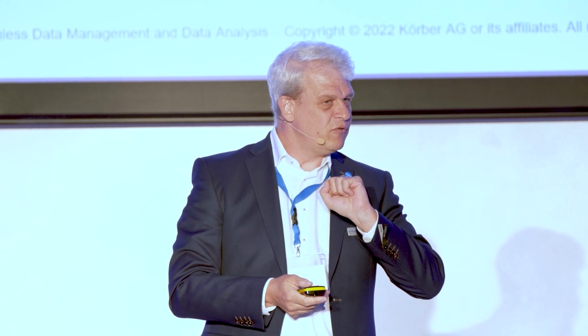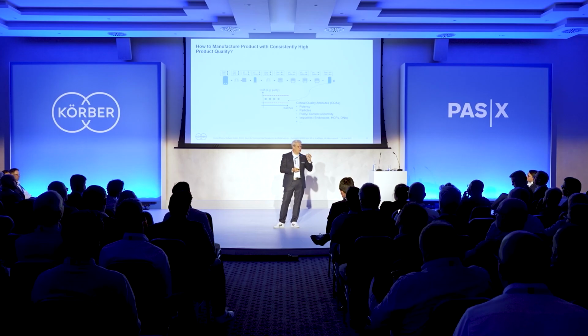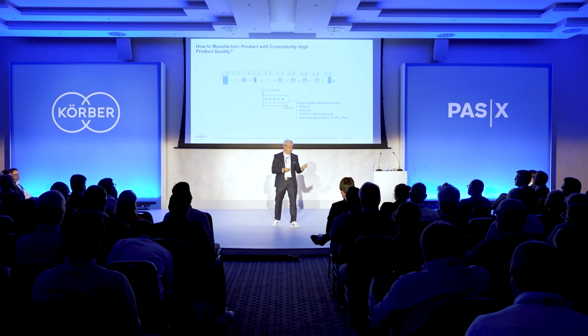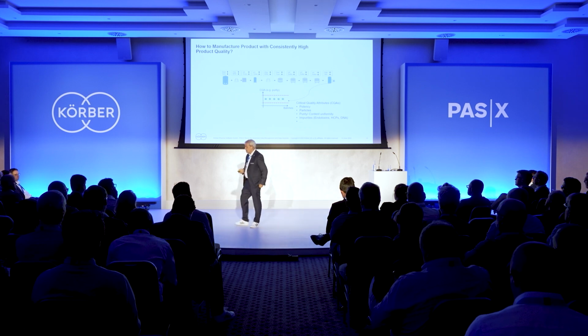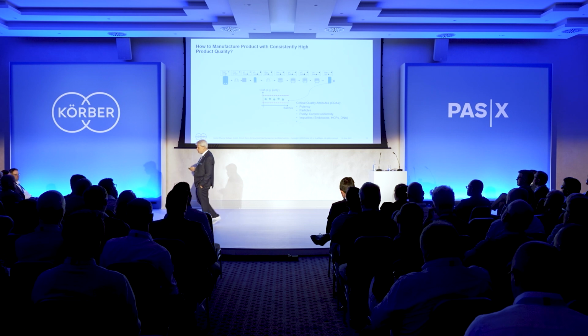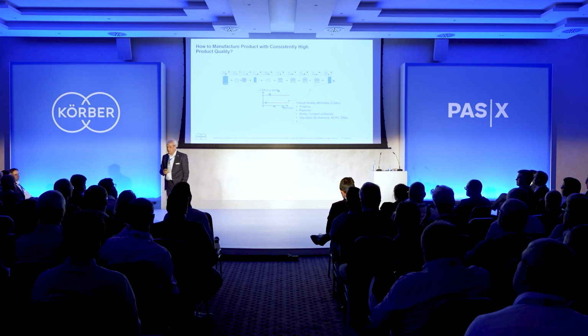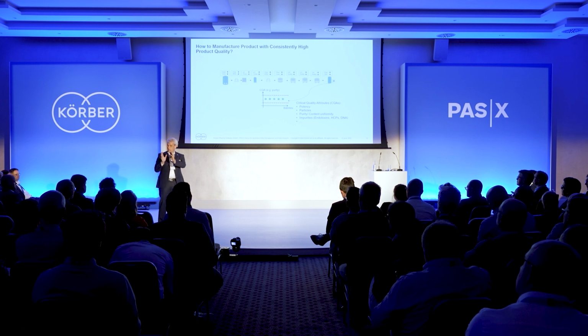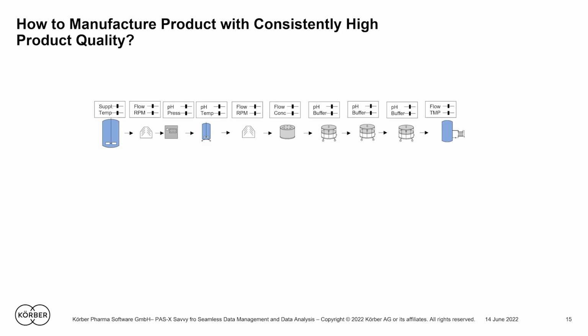That means if you have 200 parameters, for example, which are, of course, let's say, iterated and so on, and they are nicely kept, probably then you achieve a product quality which is finally in the range. But what happens if some of these parameters go off? And probably your MBR will show that each individual step was very nicely kept.